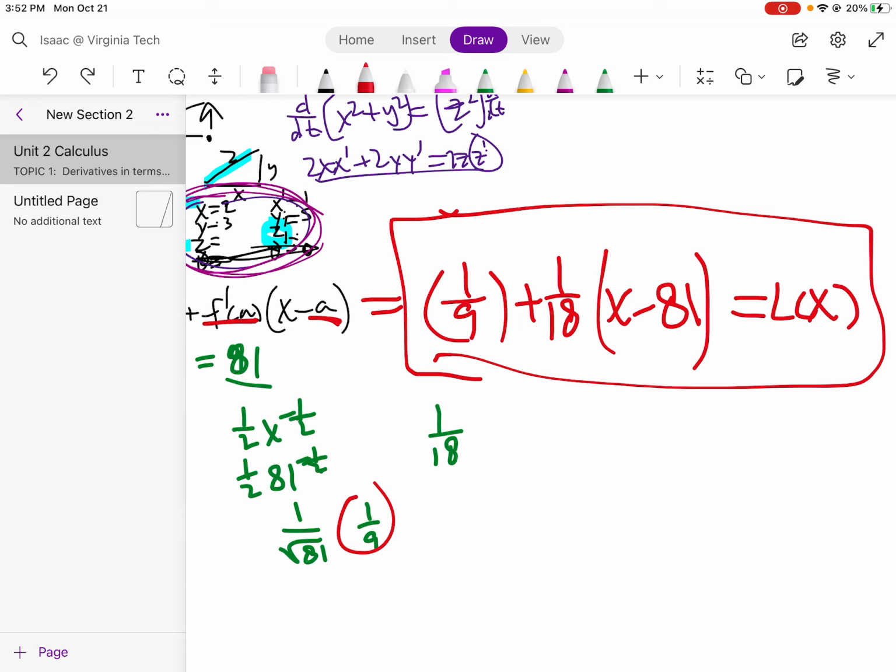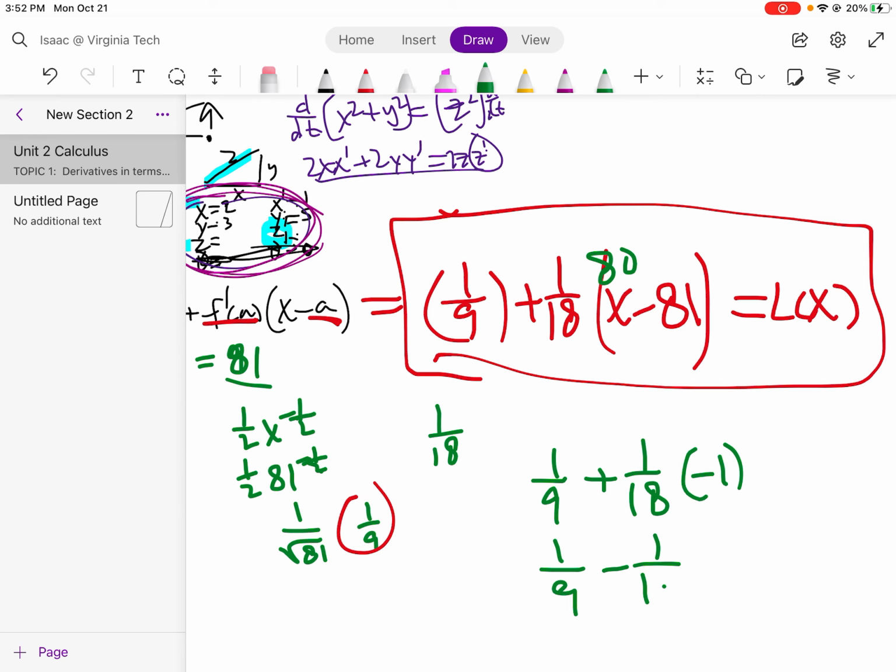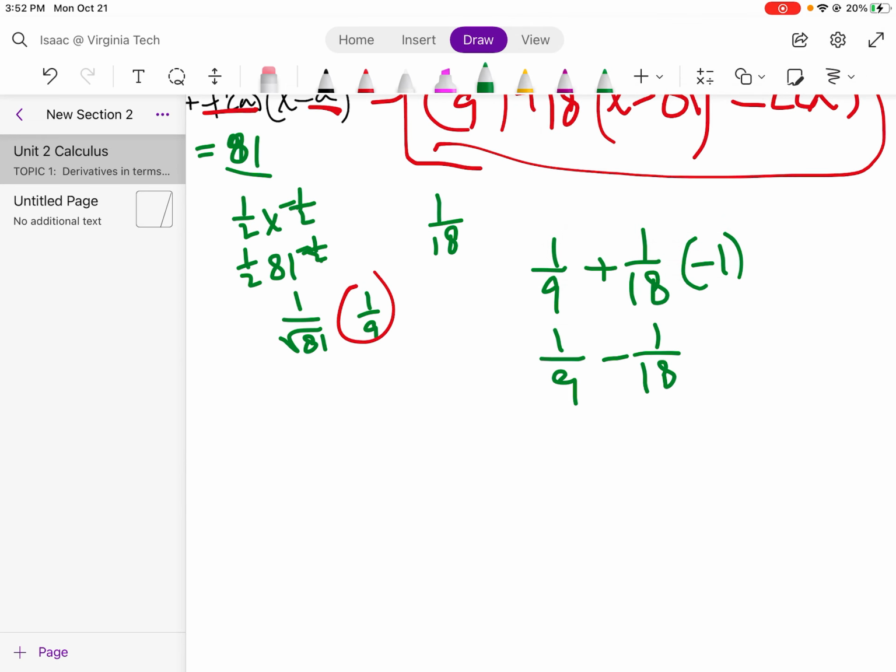Well, in this case, we wanted to do 80, right? That's what the question asked. So we're going to plug in 80. So we'd have 1/9 plus 1/18, and that would end up being minus 1. So it would really be this. Let's do a common denominator. So that's going to be 2/18 minus 1/18.